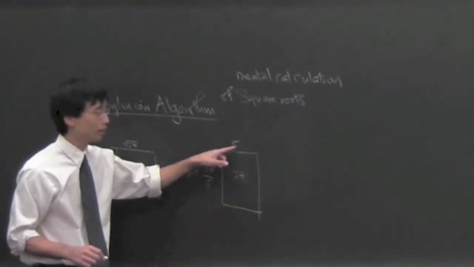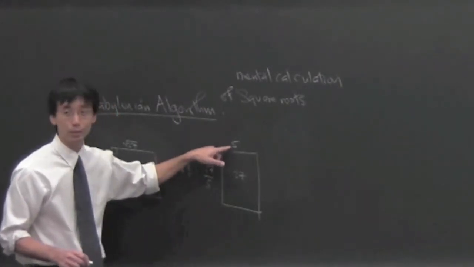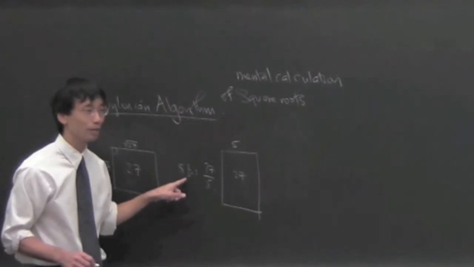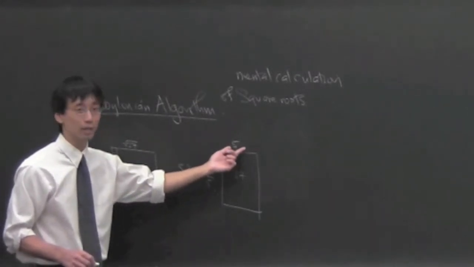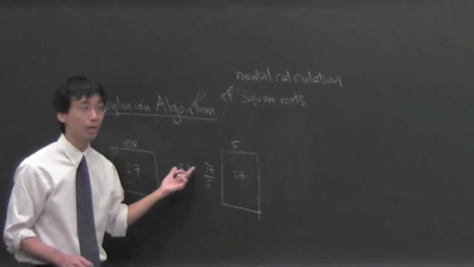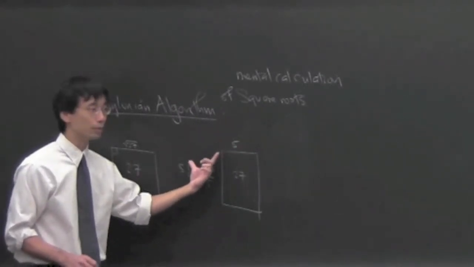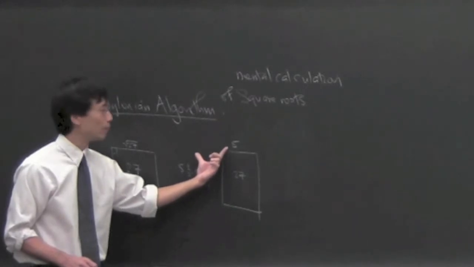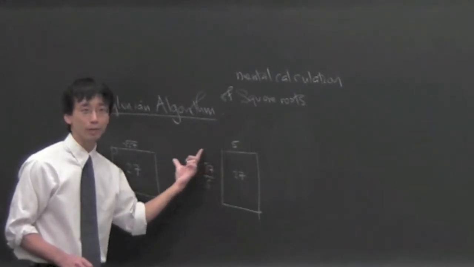Okay, so then you say, well, this side is too short, and this side is too long. If it's not the true square root, then one side's going to be too short and one side's going to be too long. So you know that the true square root is going to be somewhere between them, and so you take an average.